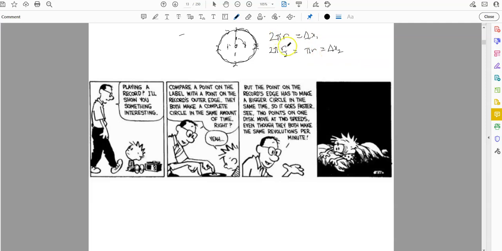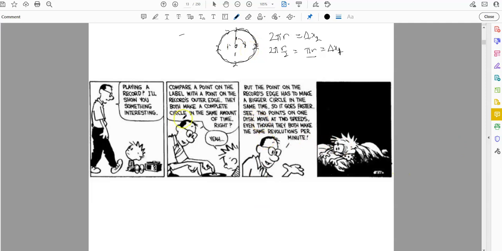Oh boy, this should have been point 2 and this should have been point 1. So this point 2 has to be spinning a full radius and has to be moving further. In fact, point 1 is only moving half the distance of point 2. But yet they're right next to each other the entire time, and it's kind of odd.